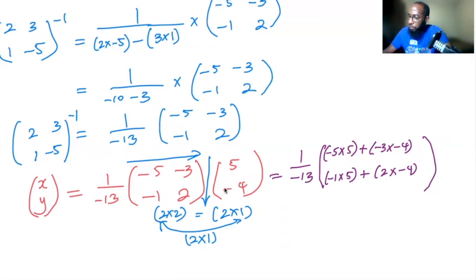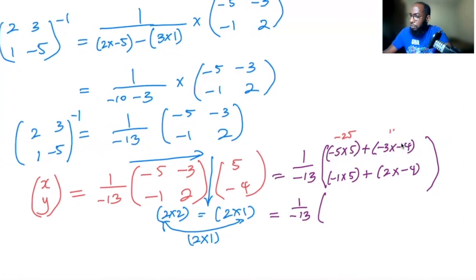Continuing, just simple computation now. So we have -5 by 5. This here is -25. And we have -3 by -4. When you're multiplying same signs, it's positive. 3 4s are 12. So we have 12 here. Multiply different signs, you get minus. That's why you have a negative sign here. 5 5s are 25.